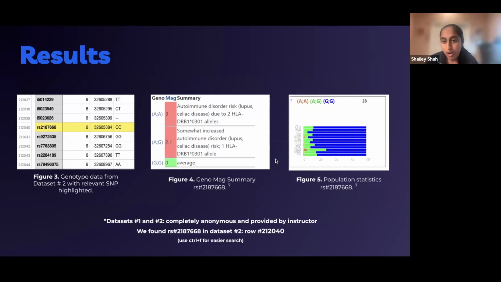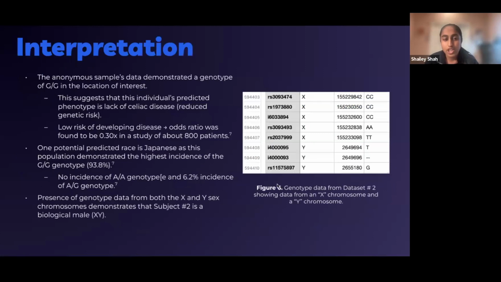The last table on the far right just shows how the genotypes associated with celiac disease vary among different human populations. You can see that the blue bar, which corresponds to a genotype of GG, is the most prevalent across all of the populations. To go into the interpretation, like I mentioned, our sample demonstrated a genotype of GG in the location of interest. So their predictive phenotype would be average or a reduced genetic risk for celiac disease.